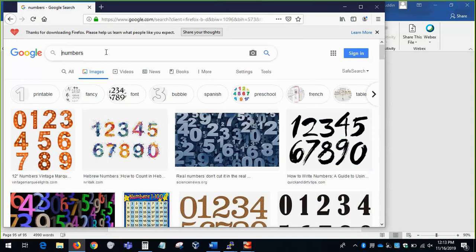So let me tell you, what we are actually looking at is numerals.